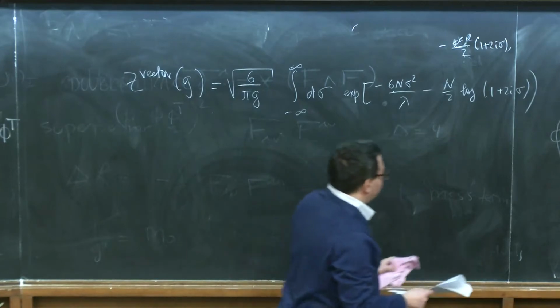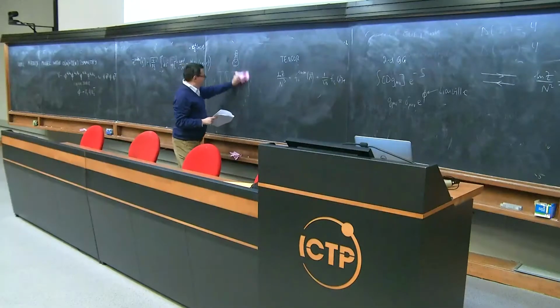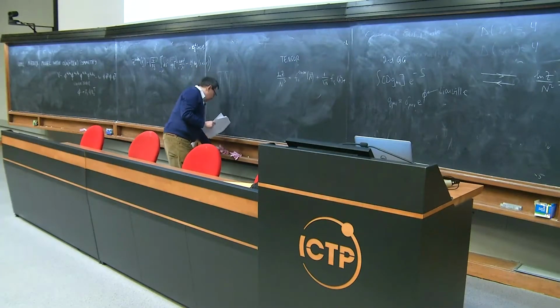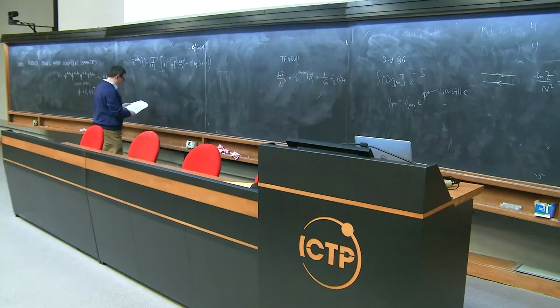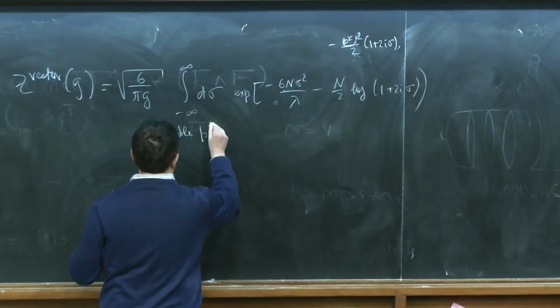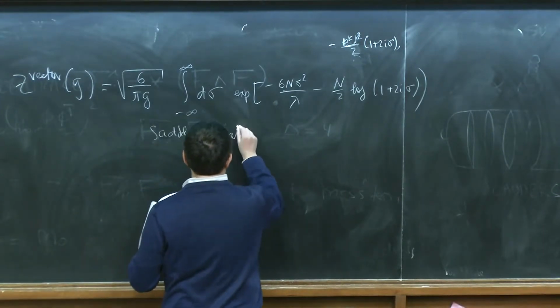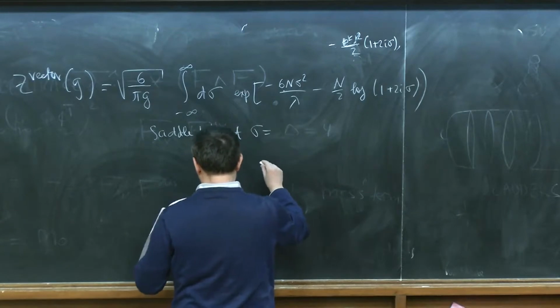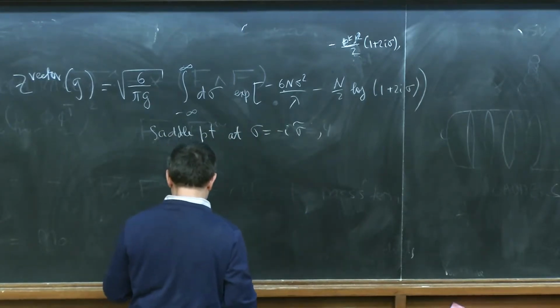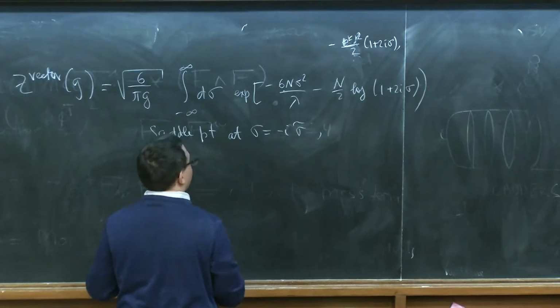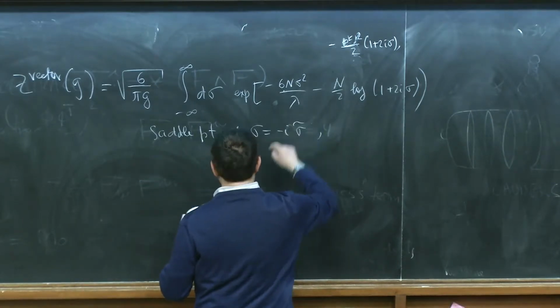Right, so now we can do the saddle point evaluation, and we see that the saddle point comes from an imaginary sigma. So we get that the saddle point is at sigma equal to minus i sigma tilde, where sigma tilde satisfies the following equation, which you just get by varying from here.